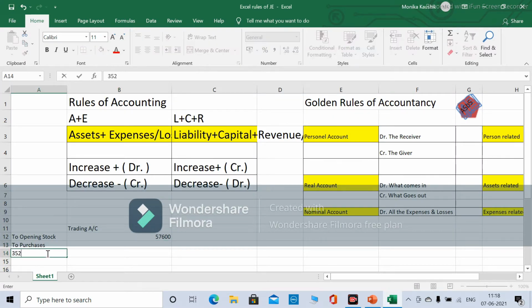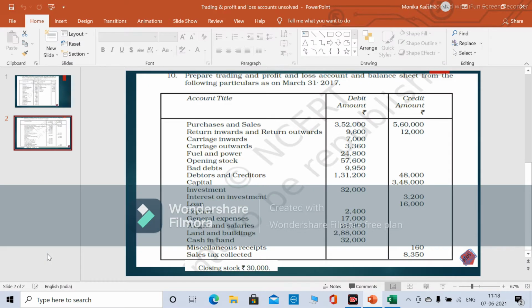I have already mentioned in one of my previous videos what we mean by return inward and return outward, because this is a common confusing point which I know children do confuse. So what is sales return and what is purchase return?